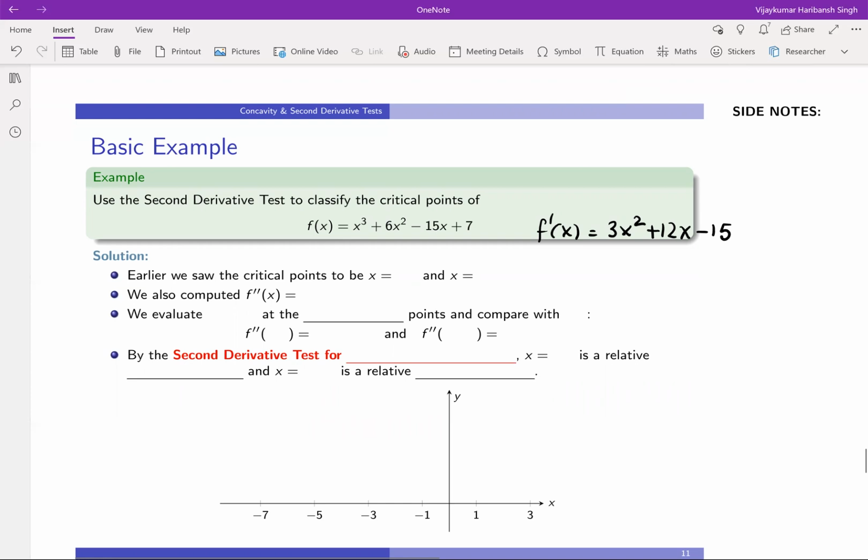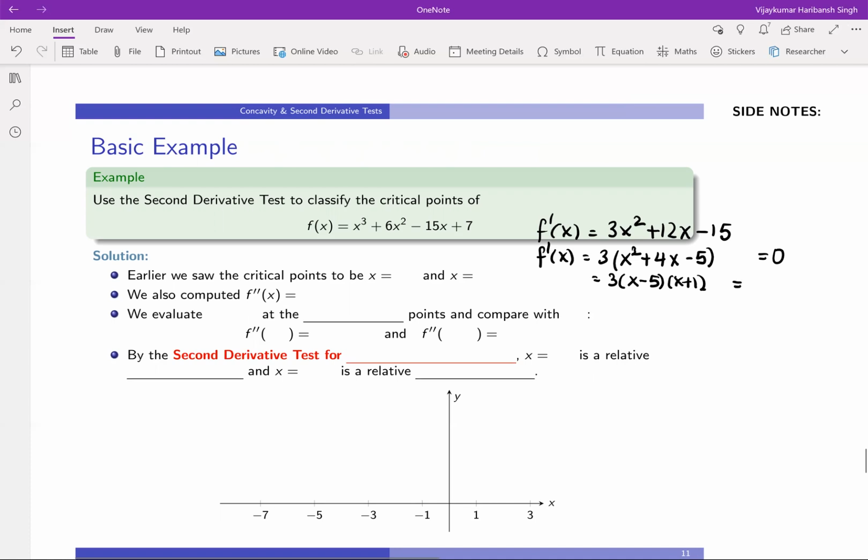So it's a polynomial, so all the derivatives exist, right? So f prime x equals 0. We want to solve for that, not for the does not exist case, because the derivatives always exist in this case. So x squared plus 4x minus 5 gives me 3 times x minus 1 times x plus 5.